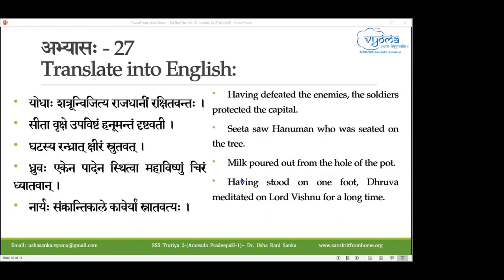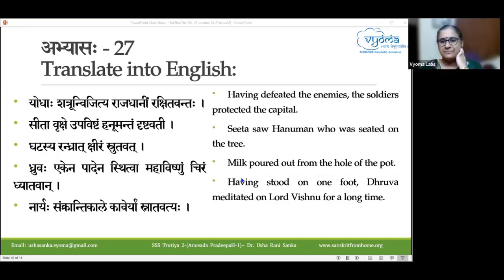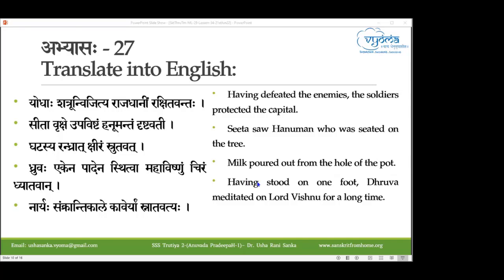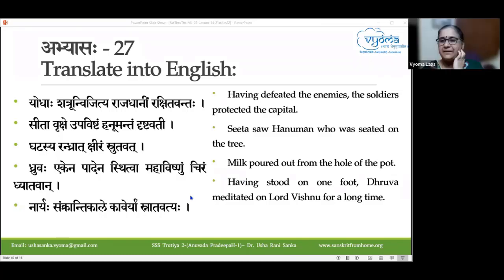you can say Narya is ladies or women. Sankranti Kale means during Sankranti, they took bath in the Kaveri.